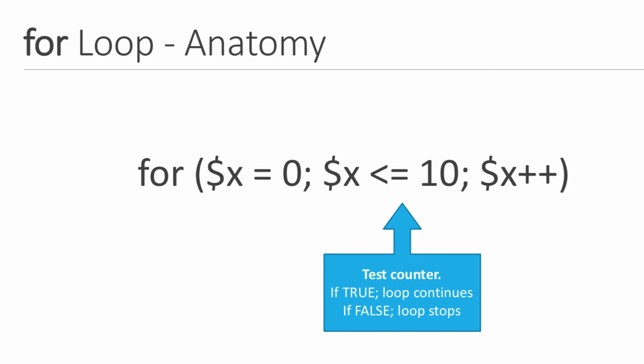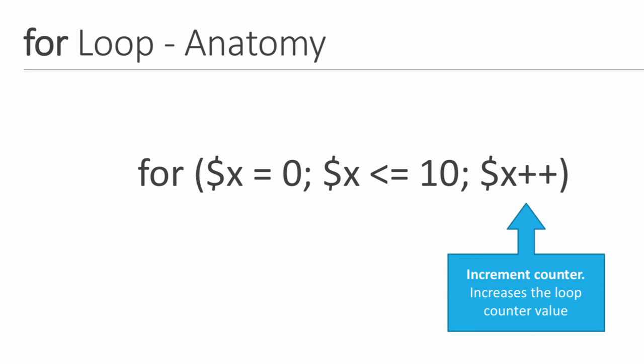Now this test counter is the same thing that we've been seeing as our conditional statements in the while loop and in the if conditional statements. So in this case, we're testing this to see if it's true. We're saying x needs to be less than or equal to 10. If it's true, it'll keep going through the loop, and if it's false, it will stop.